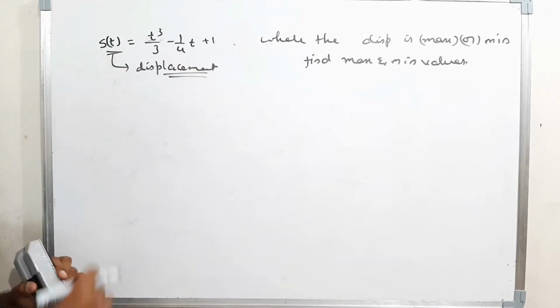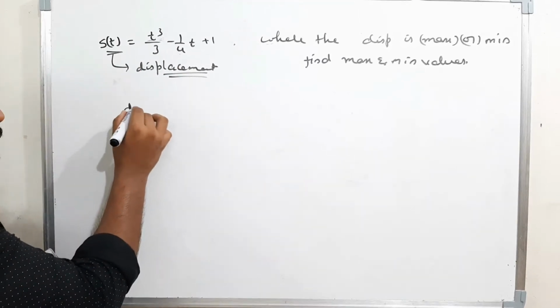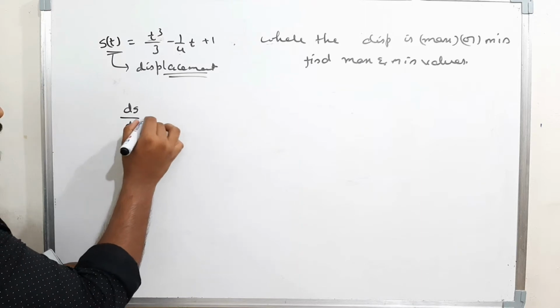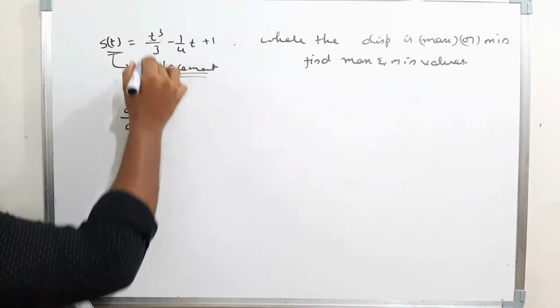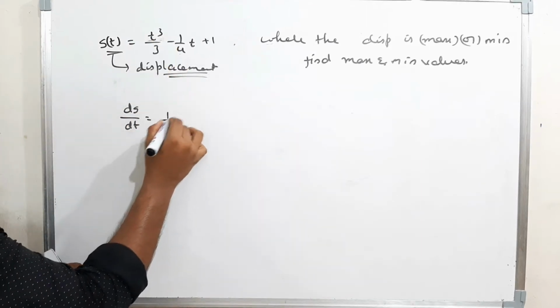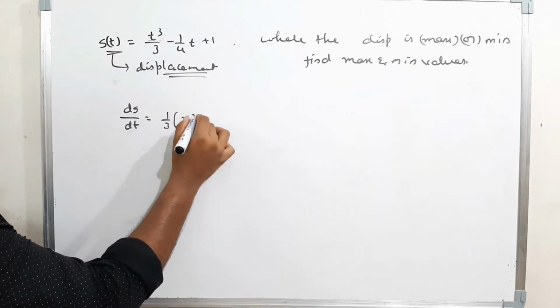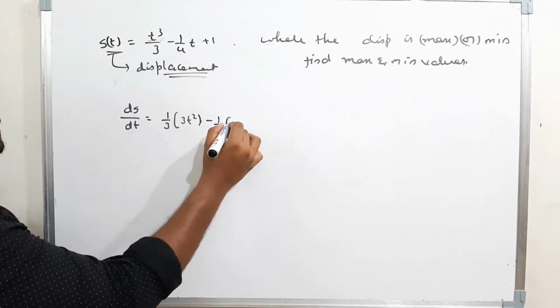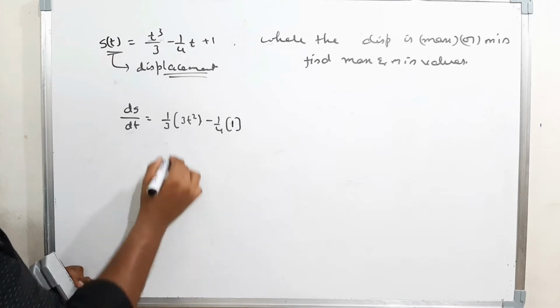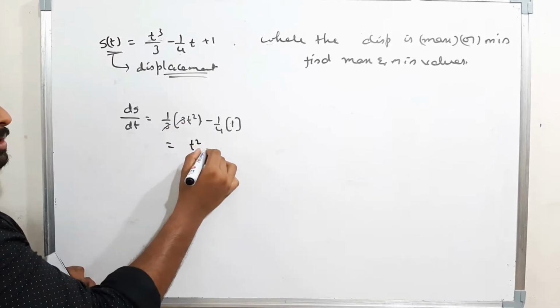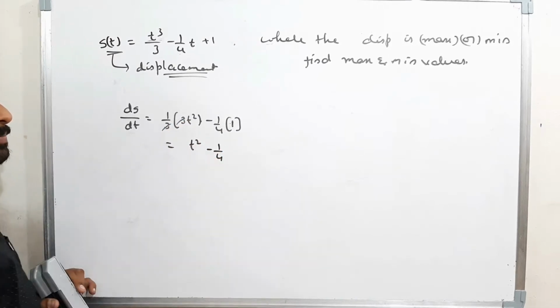Now to find the maximum and minimum value, what do I have to do? First of all, I have to find the slope. The slope of this equation is 1 by 3 into 3t squared minus 1 by 4 into 1, that is t squared minus 1 by 4.